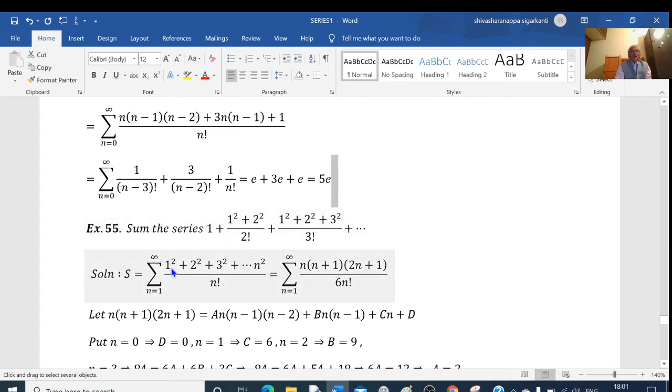Now we have the value of 1 square plus 2 square plus 3 square plus up to n square, which is nothing but the sum of the squares of the first n natural numbers.